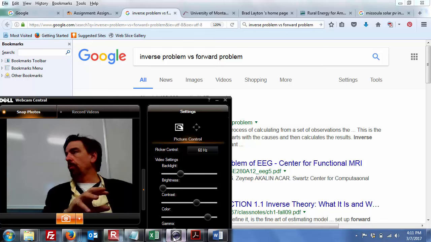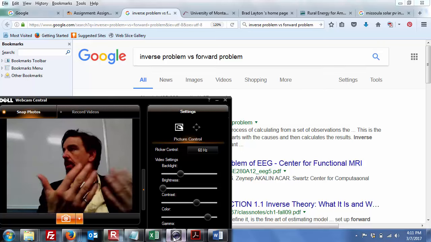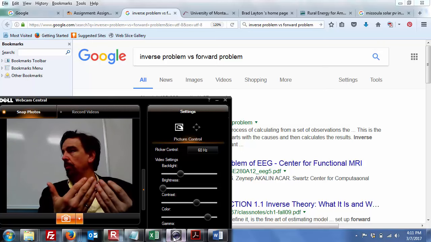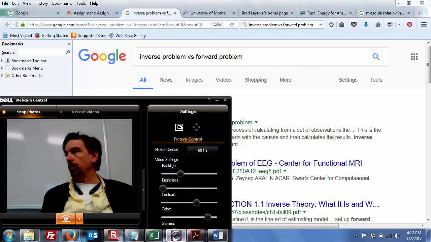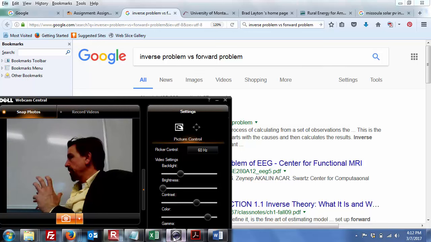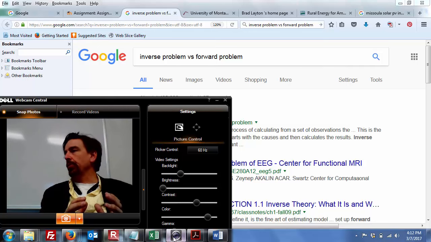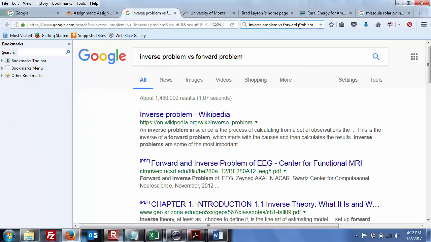So the forward problem is I've got an image, and even this two-dimensional stream of me coming out is a forward problem. Now, if you wanted to put me back together, you'd take all of those 2D images and put them back into a 3D image. That's inverse. So I want to just take a quick peek at this.